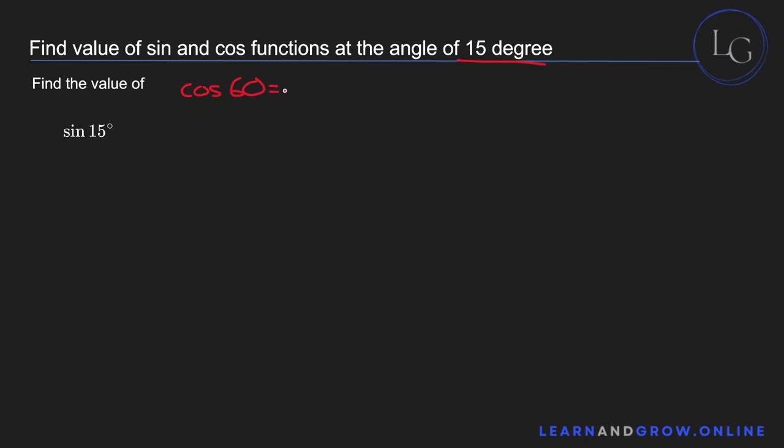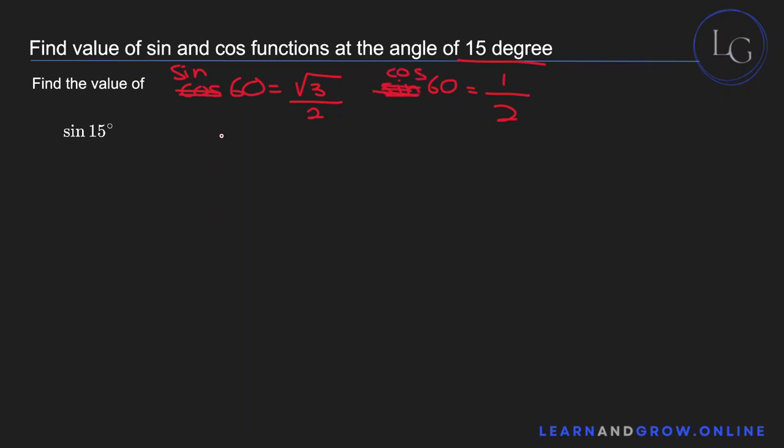We know that sine 60 is equal to under root 3 by 2, and cos 60 is equal to 1 by 2.